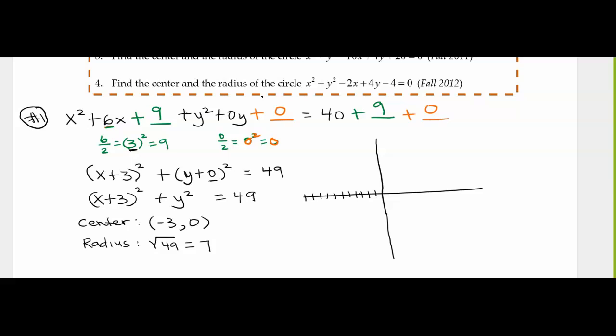All right, so over -3, 0 is there. And 7 in all directions. Let's see, 1, 2, 3, 4, 5, 6, 7.